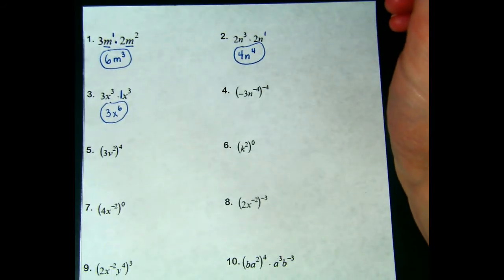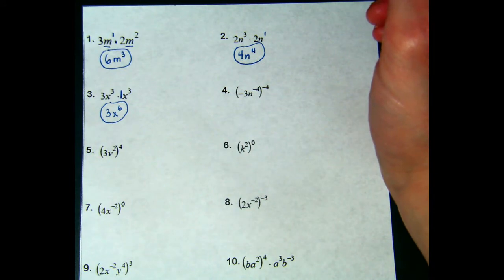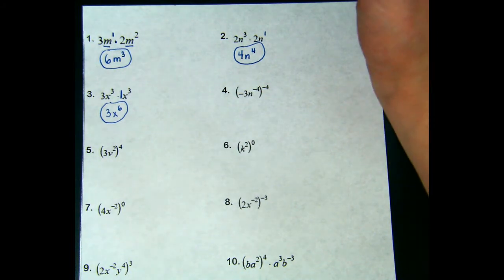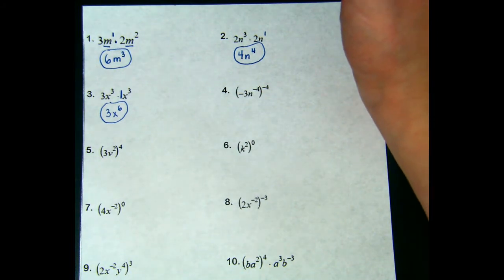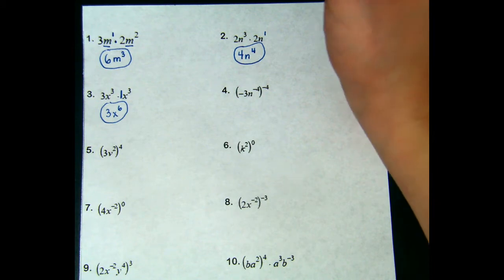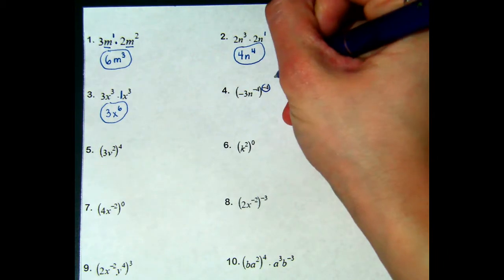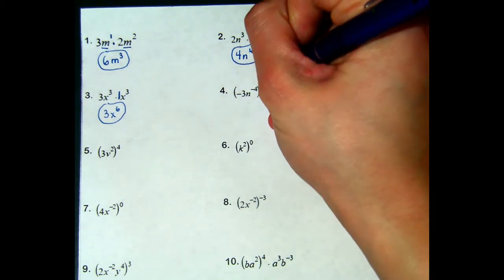Make sure you add exponents, not multiply them. Numbers 1, 2, and 3 were all the product of powers rule.